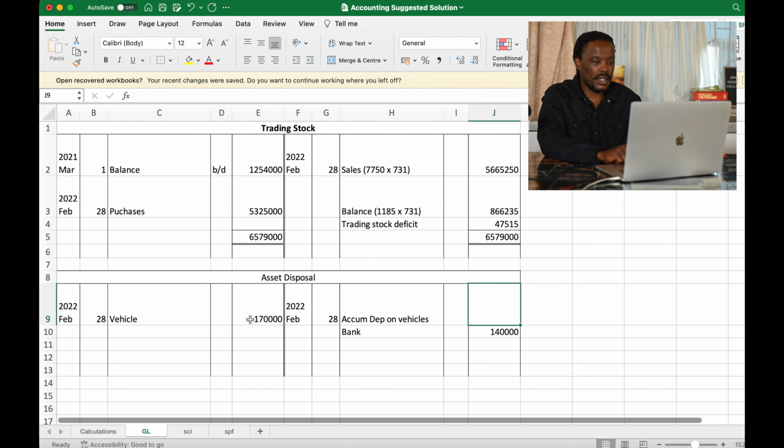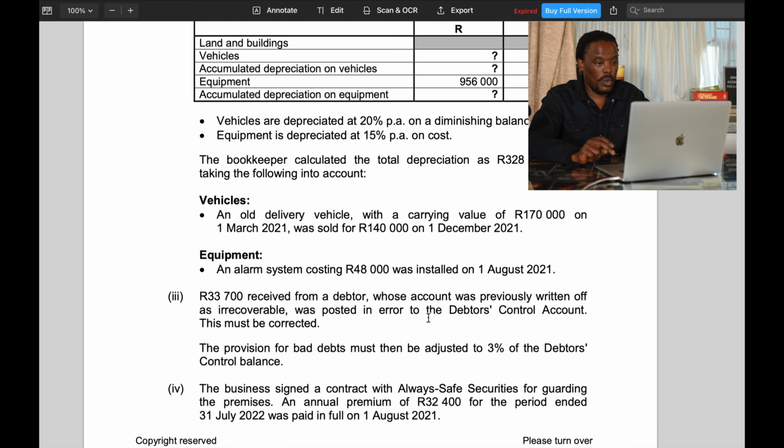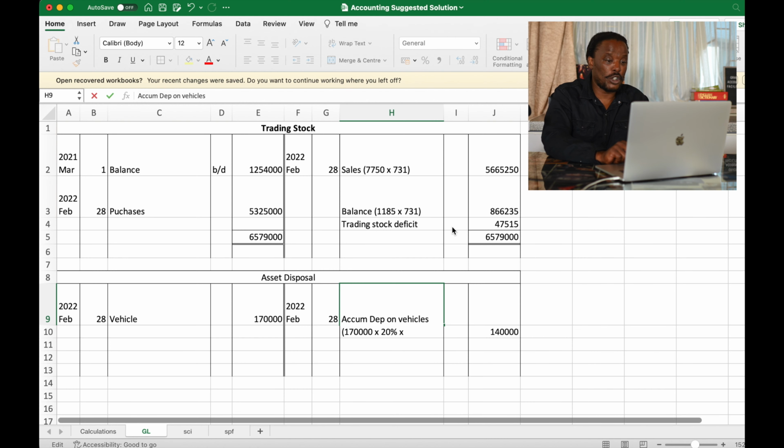And for the accumulated depreciation on this vehicle sold, we can just show the calculation here and say 170,000 multiplied by 20%, multiplied by, we look at when it was sold, from March to December. March, April, May, June, July, August, September, October, November. It's 9 months. We don't include December because it was the first. 9 divided by 12.